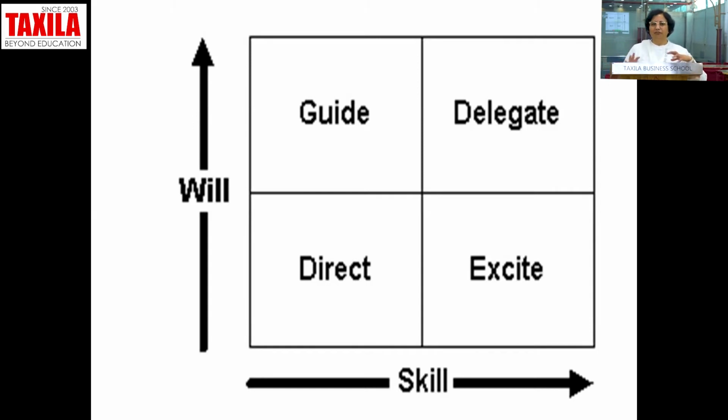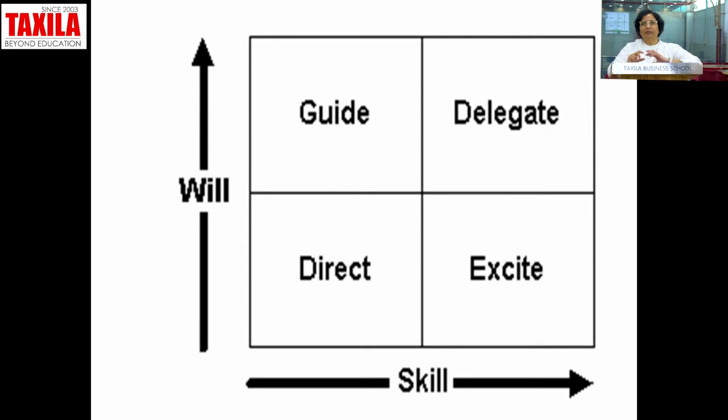These are two different kinds of mindsets of the people. Based on these mindsets, this matrix has been developed. First, when the will is low and the skill is low, I do not know, I don't want to work. Then you need to give him direct directions. Do this, do it that way.